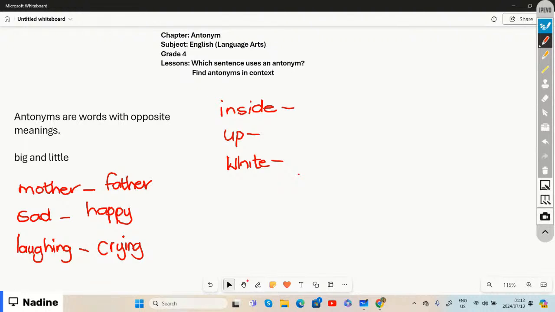So inside, the opposite of inside. If something is heavy, what is the opposite of heavy? If I go to the shop, the opposite of to sell something. To sell something. Think of sleep.